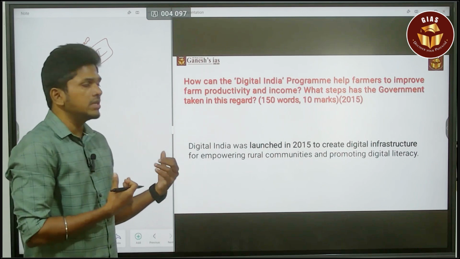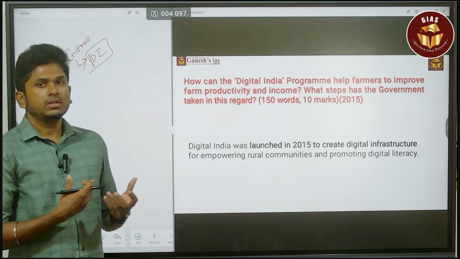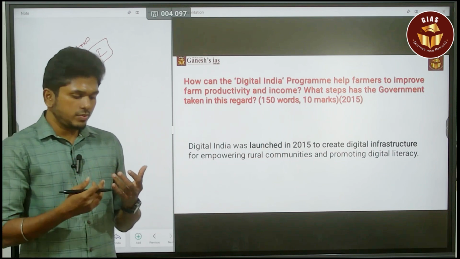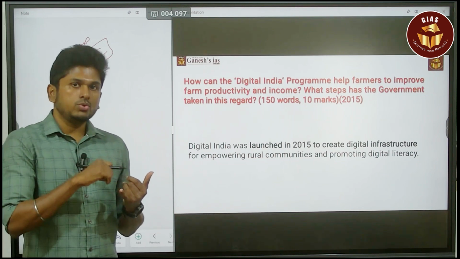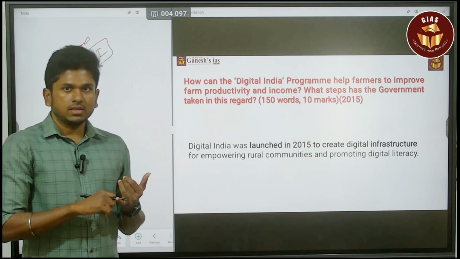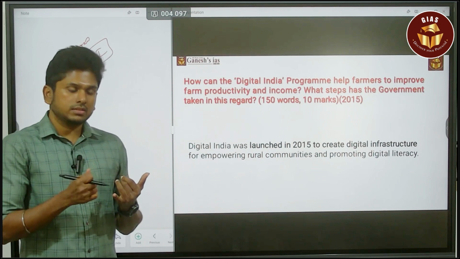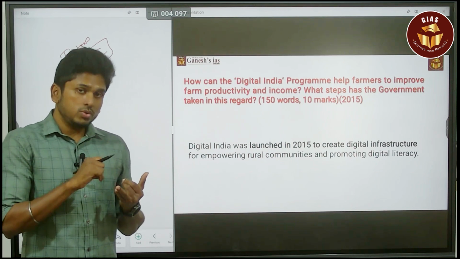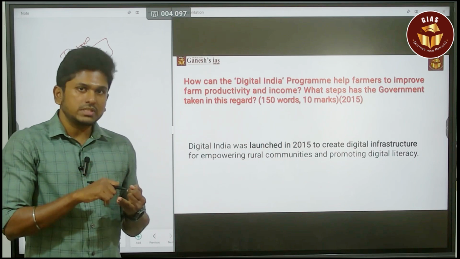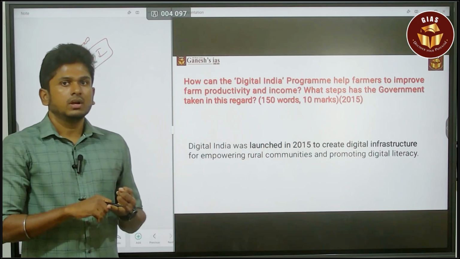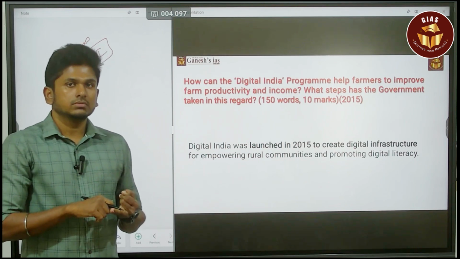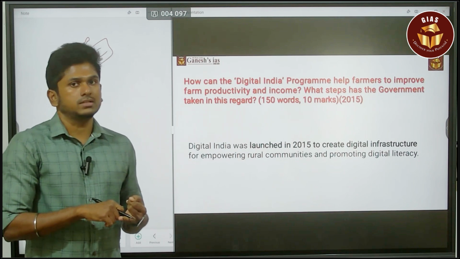Everything that comes under digital literacy. It is also about using the internet safely, knowing the safety measures and how safely you can use it.